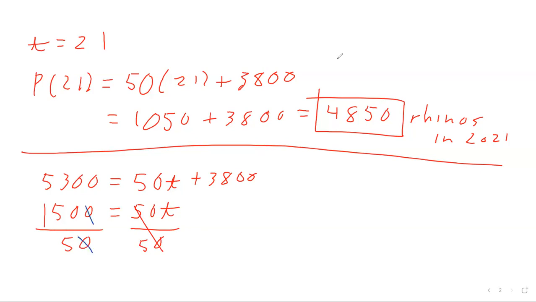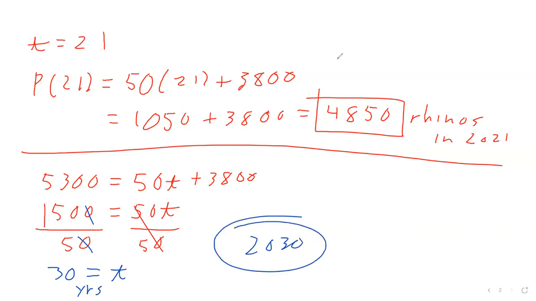So 150 divided by 5, 15 divided by 5 is 3, then a 0. So it's going to be 30 years. So in the year 2030 is when we're going to reach the population of 5,300 rhinos.